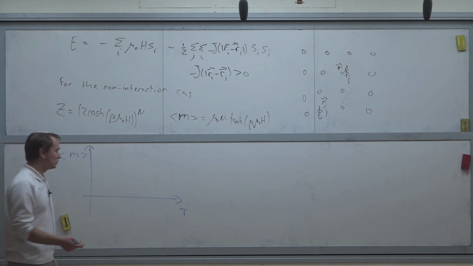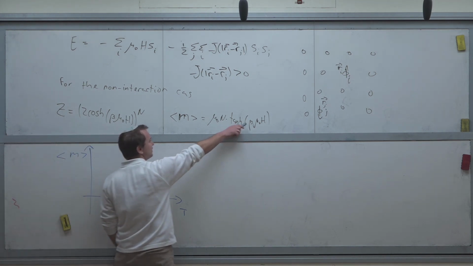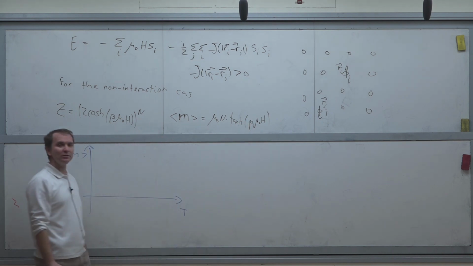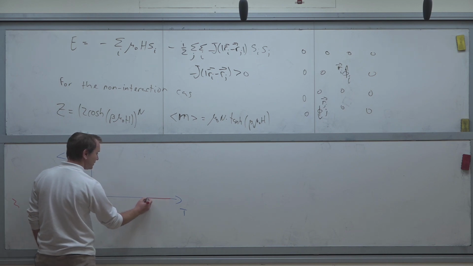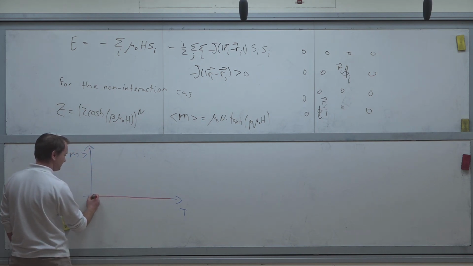It's always 0. So the average magnetization is independent of the temperature, independent of beta, and it's always 0.